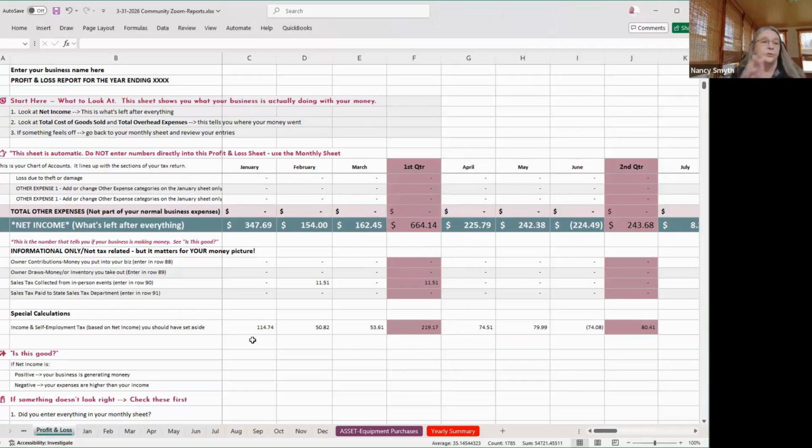Now, you do want to look at last year's tax return, and it will tell you what tax bracket you're in. You can plug that in here, and it will calculate whatever that percentage is of your net income.